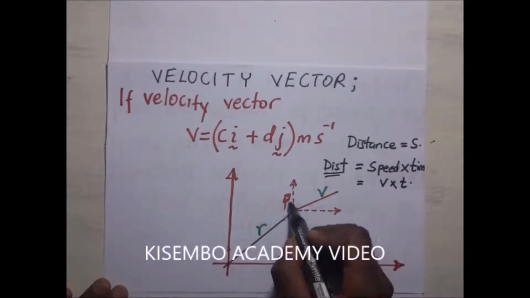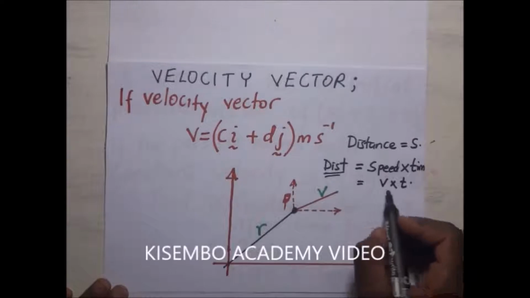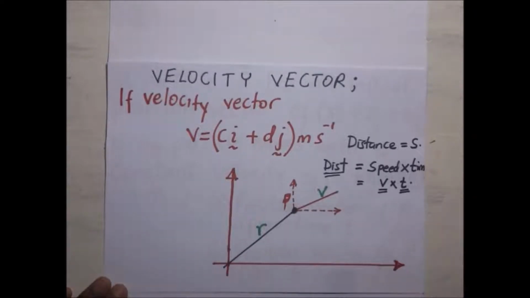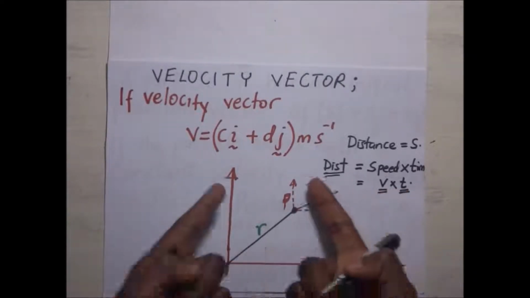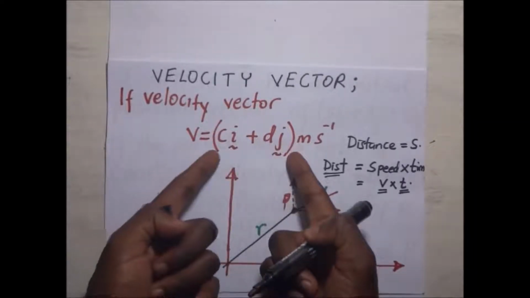So to find how much particle p has moved using this velocity, I'm simply going to find the velocity times time, and I'll get the distance moved. Since our velocity is in terms of ci plus dj, it is a velocity vector.